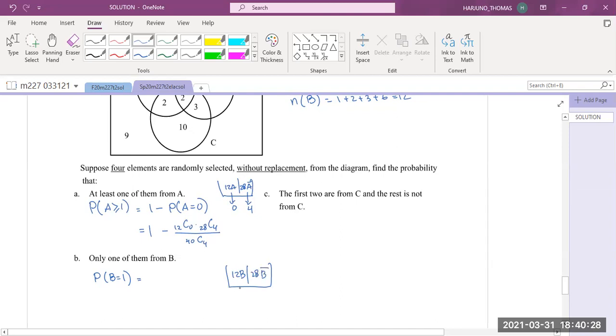You select 4 elements, right? If one of them is from B, then how many are not B? Of 4 elements, one of them B, then 3 of them not B. The probability becomes 12 choose 1 times 28 choose 3 over 40 choose 4.